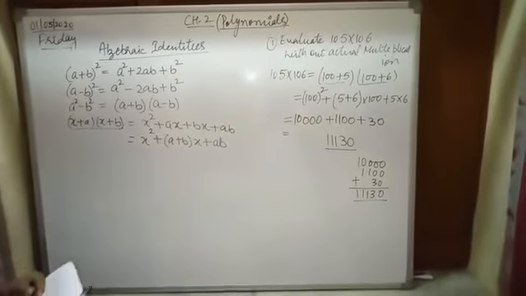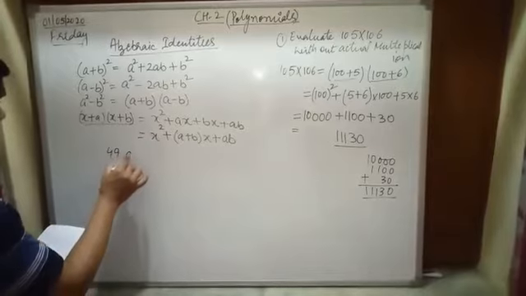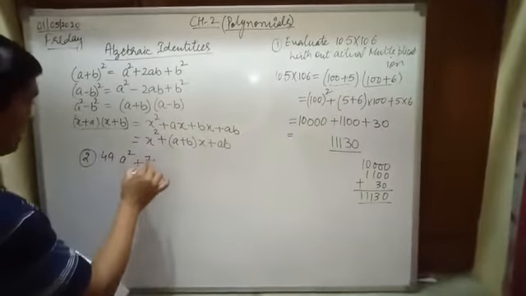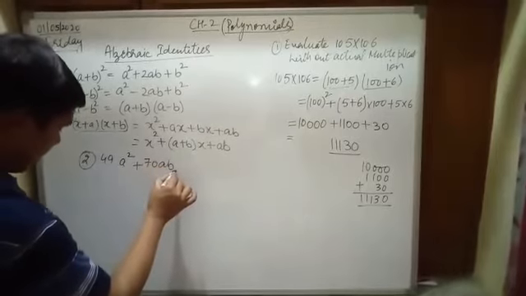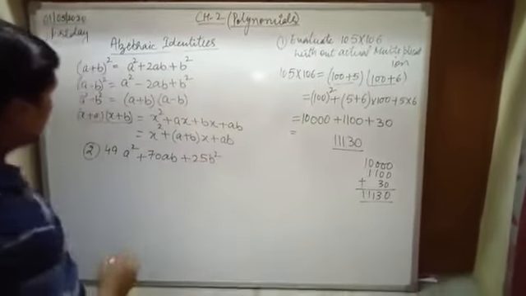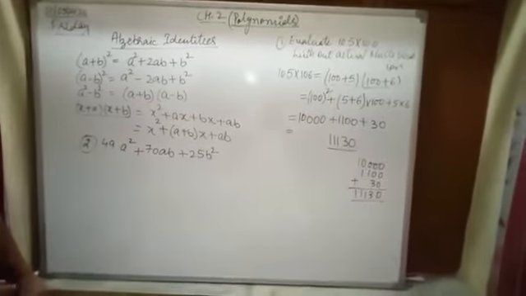Now one more question. 49a square plus 70ab plus 25b square. We have to solve this question.